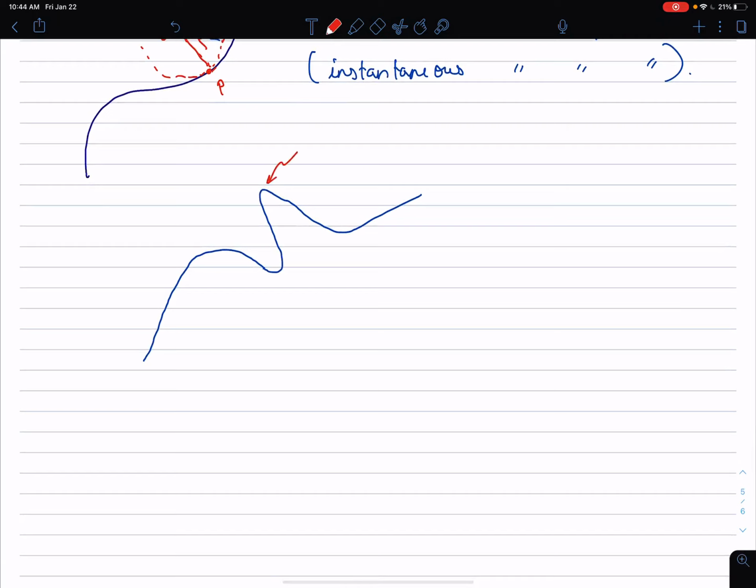This is small rho, right? It's a small radius of curvature, because if you fit a circle here, it's going to be very small. Here, very large rho, sort of intermediate rho.